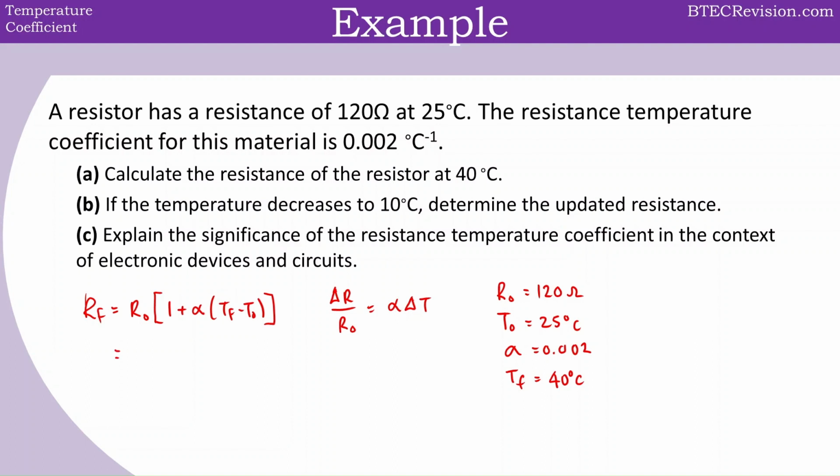R naught is equal to 120, close bracket 1 plus alpha, which is 0.002, bracket T final, which is 40, take away T initial, which is 25. And working this out gives us a value of 123.6 ohms.